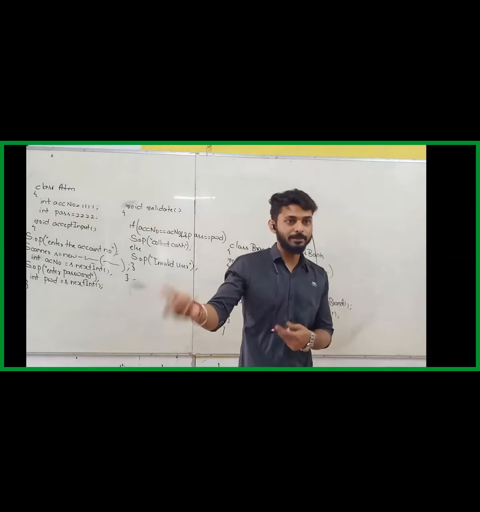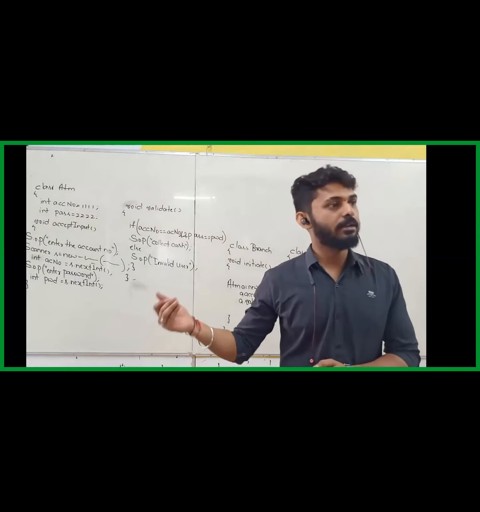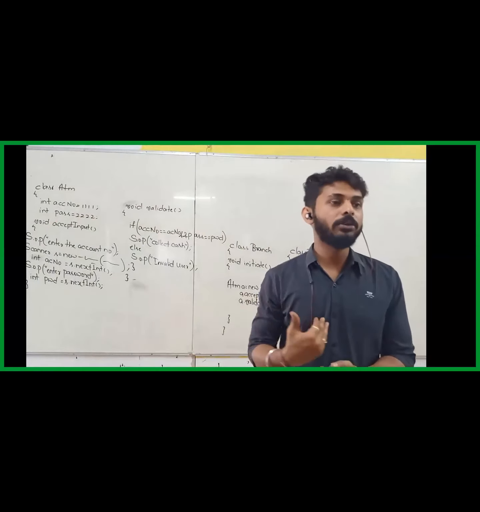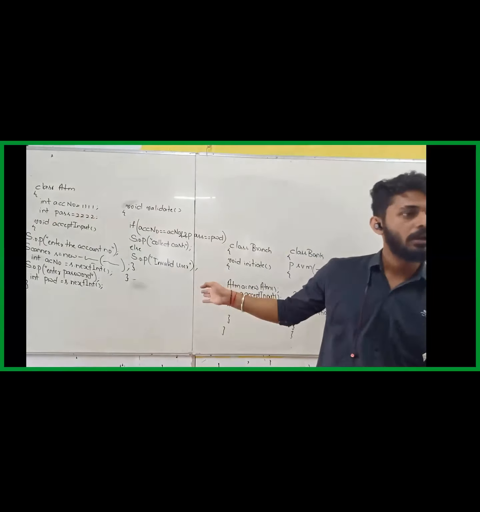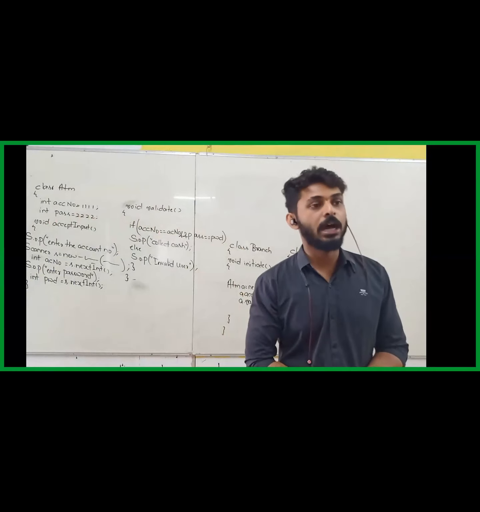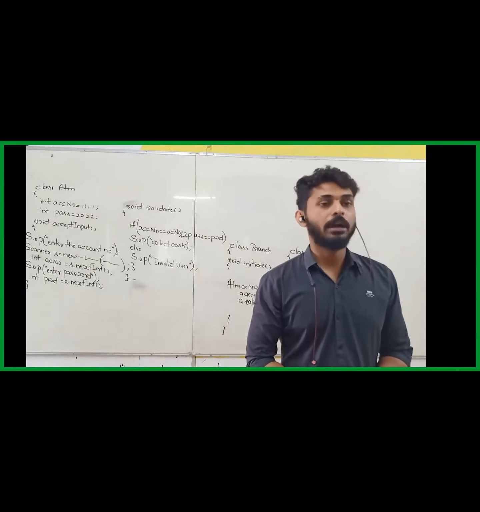Just like arithmetic exception is there, array index out of bounds exception is there, negative array size is there, like that I want to create my own exception, because I know the concept. How to create it is what we are going to see now. But please listen carefully.